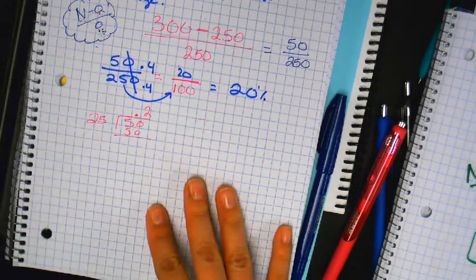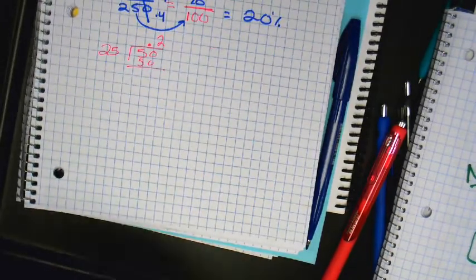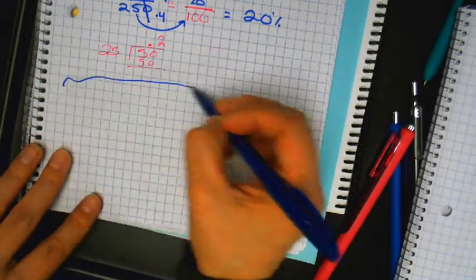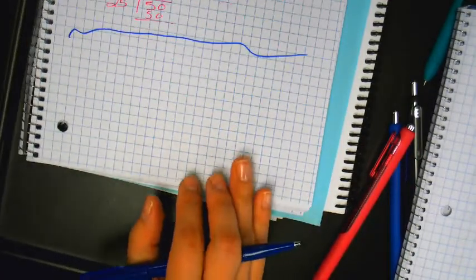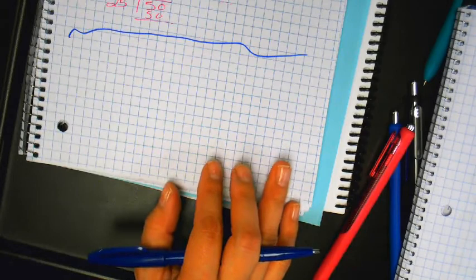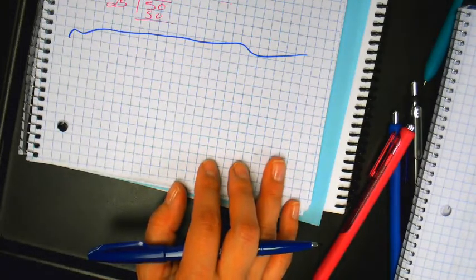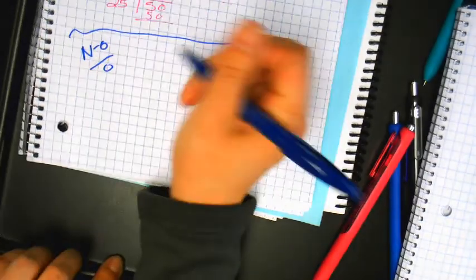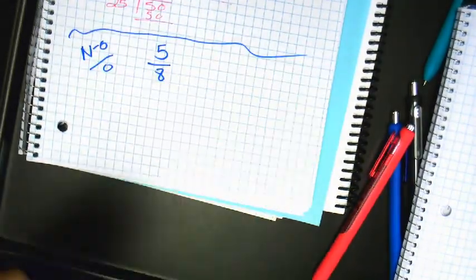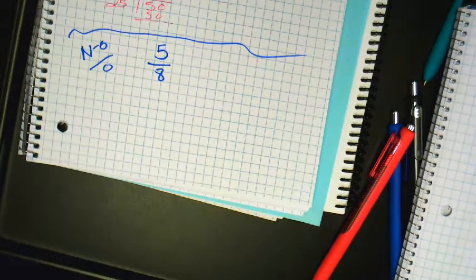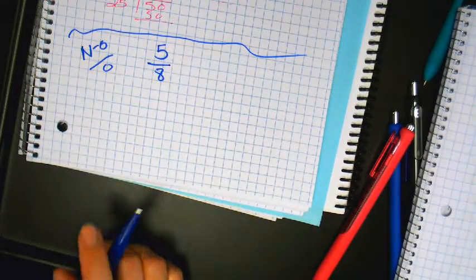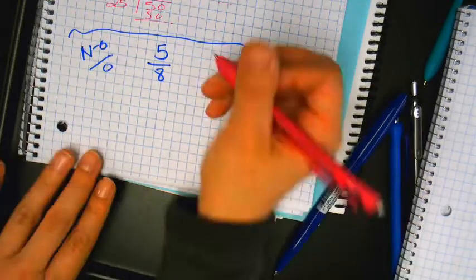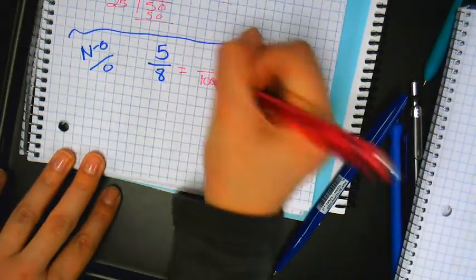For example, let's say you do the new minus old, right? We do a math problem, and our answer after the new minus old over old is 5 out of 8. Let's just pretend. We do the work, we subtract, and we get 5 out of 8. Can we set this equal to 100?